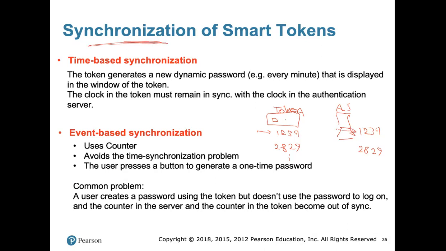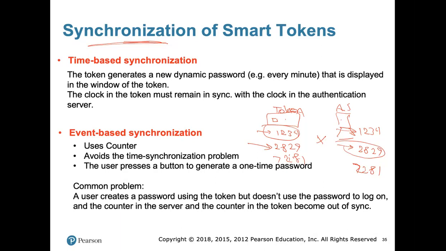If the token and the authentication server get out of synchronization, for example, the token starts generating passwords and the next password is something like 7281, and the server starts from here, the first password will be checked against this one, and the authentication fails. So they should be synchronized. Synchronization is a very important issue here. Otherwise, the authentication will not go through.